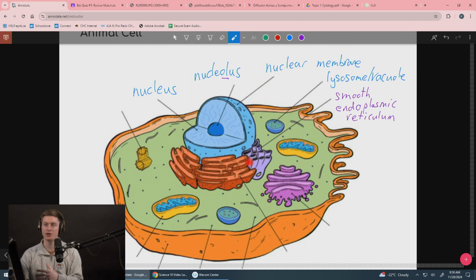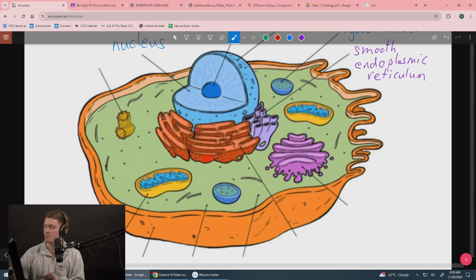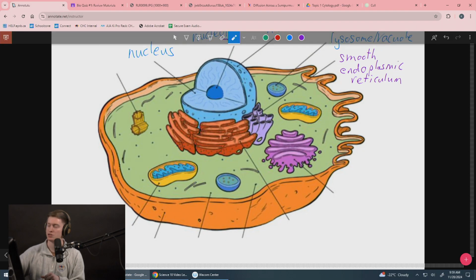One thing that I want you to note here is that it's attached to the nucleus. Another thing I want you to note is that compared to the other thing that's here touching the nucleus, it doesn't have little bumps on it. Now, these are clearly two different colors here, but there's supposed to be little dots, like a rough surface on this one, so we're going to skip to the label for that red structure here. This is our rough endoplasmic reticulum.